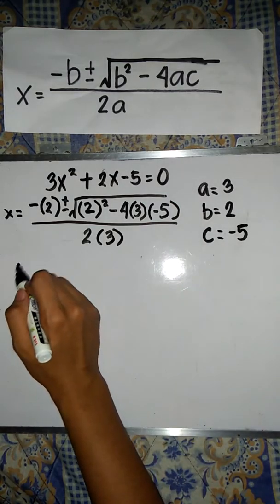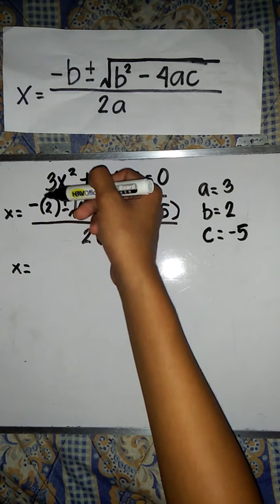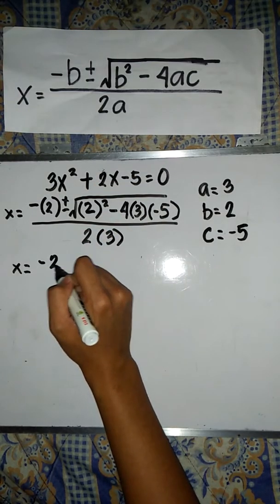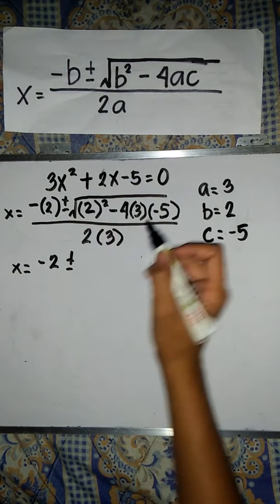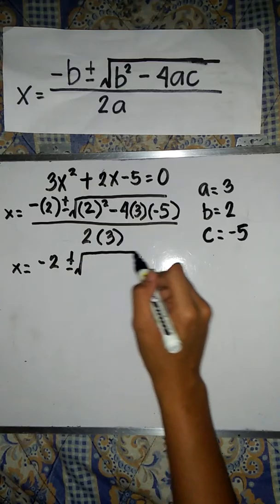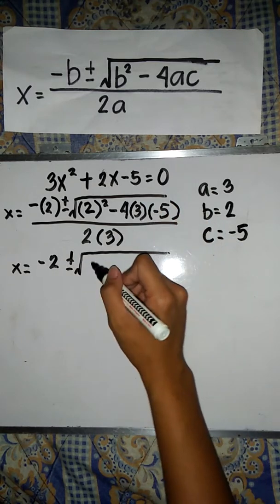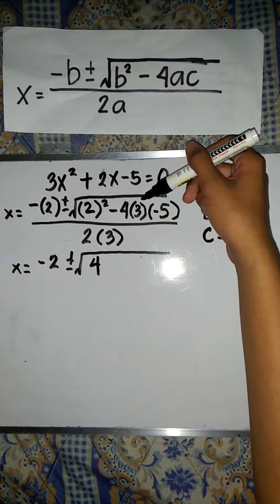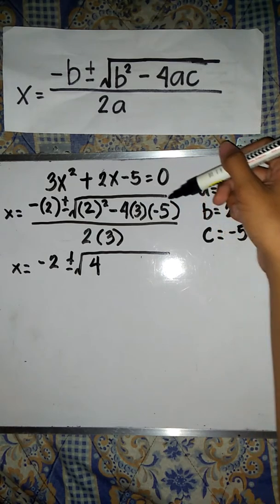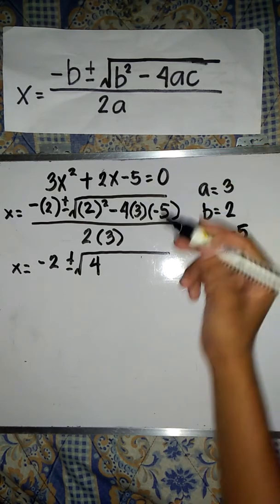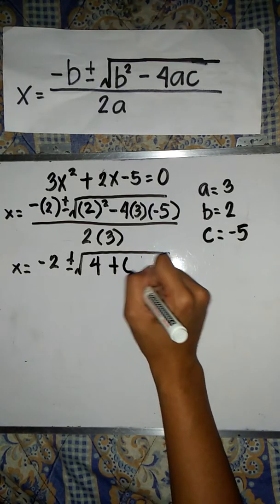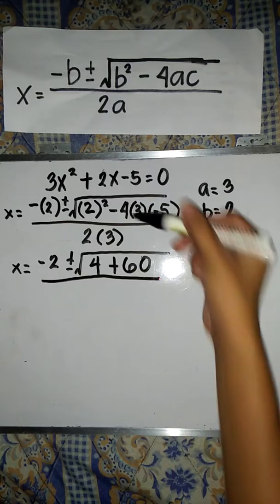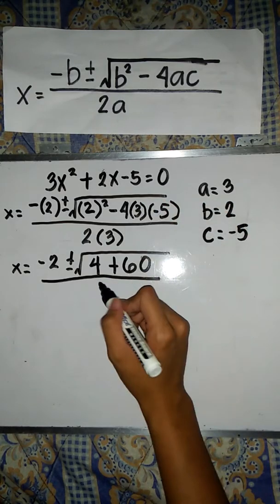So we're going to simplify this equation. Negative times 2 is negative 2, plus or minus square root of 2 squared, which is 4. Negative 4 times 3 is negative 12, times negative 5, it's positive 60. So it's 4 plus 60, all over 2 times 3, which is 6.